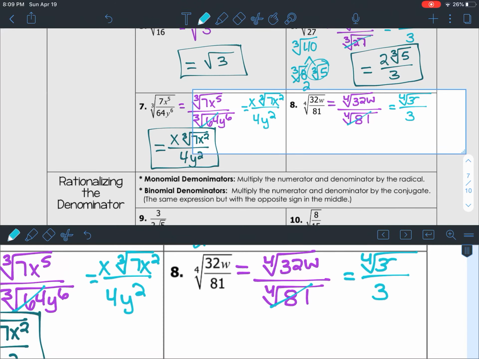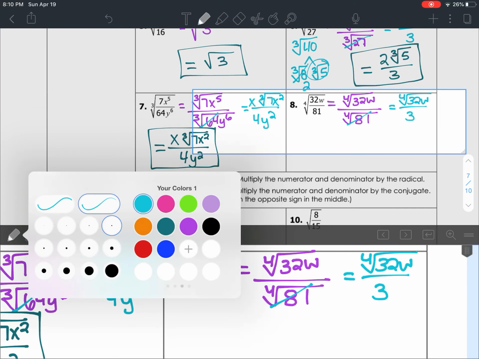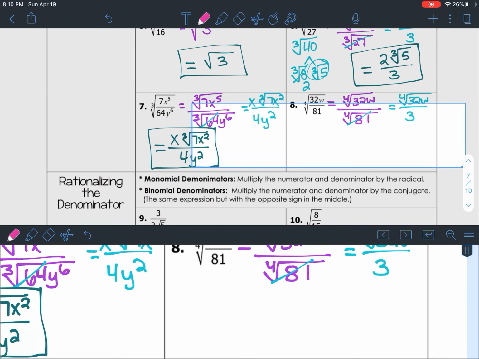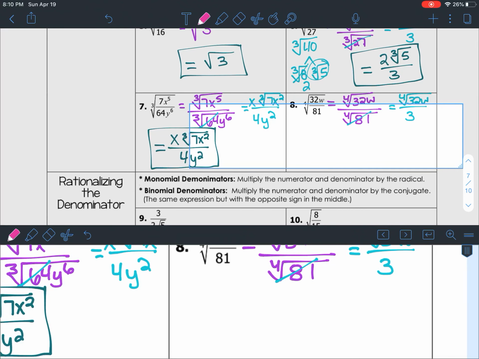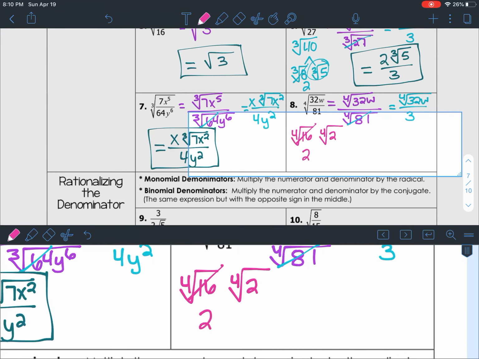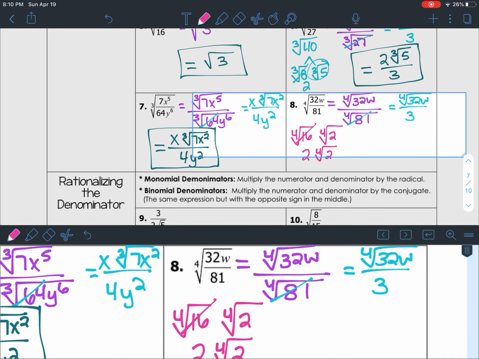And then I need to break down my fourth root of 32w on the top. So when I do that, the perfect fourth that goes into 32 is 16. So the fourth root of 16 and the fourth root of 2. And this is, anybody know? It's 2. So I have 2, the fourth root of 2.